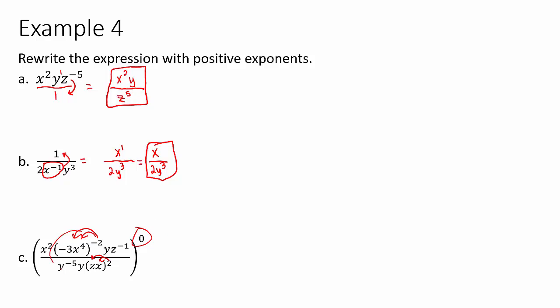So even if I simplify everything inside of here, it's still going to be raised to the 0 power, which means my answer would be 1. So usually at some point in a chapter like this, you'll end up with some expressions like that. As long as you realize that the 0 power gives you a 1, it'll make the problem simpler. So make sure you're watching out for things like that.